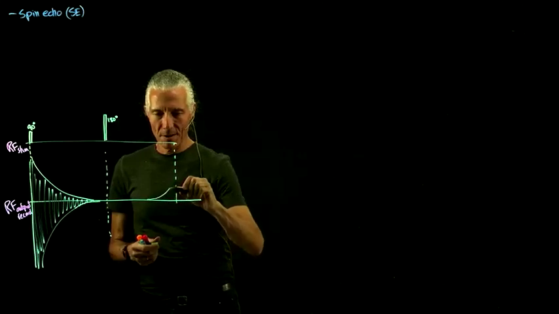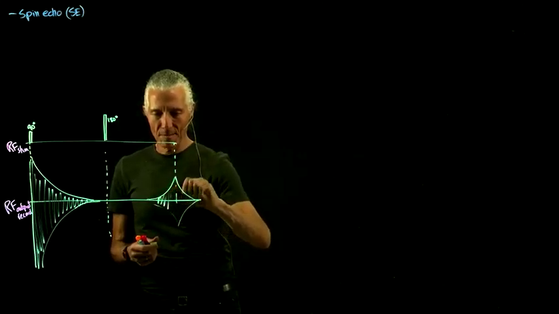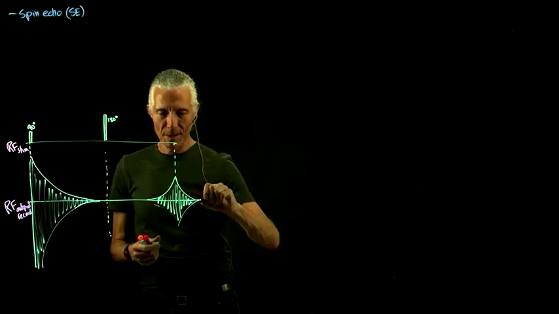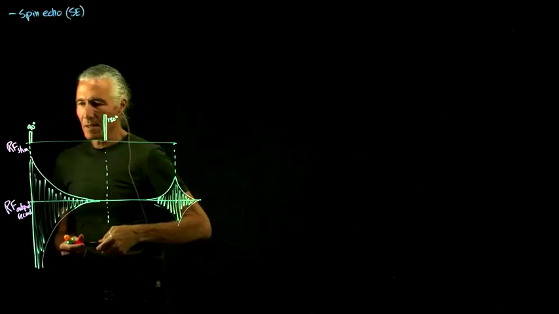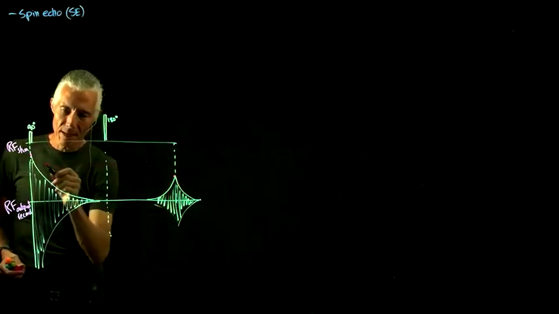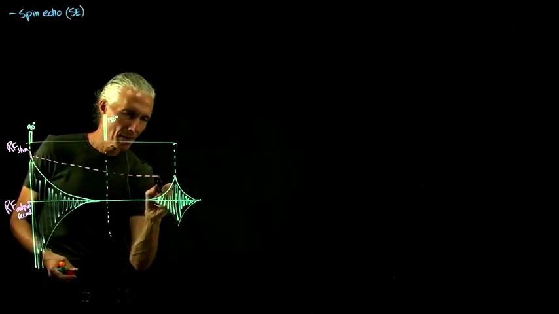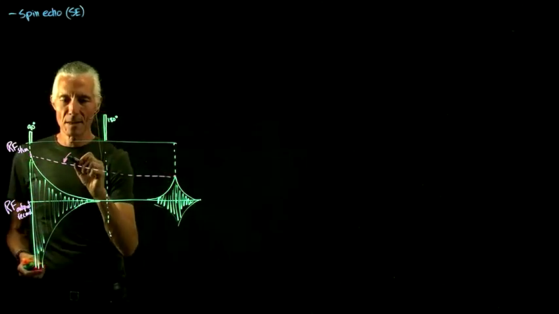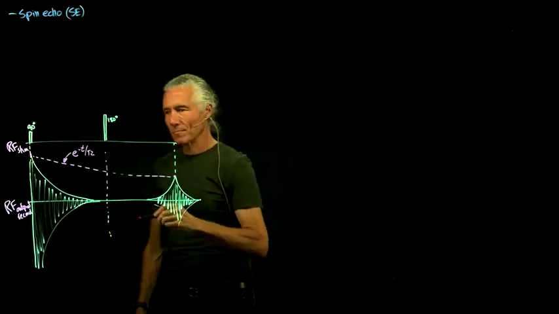And so here's our echo. Out of the blue, some signal will appear and then die away. The peak of the echo is going to be described by this equation, e to the minus t over T2.